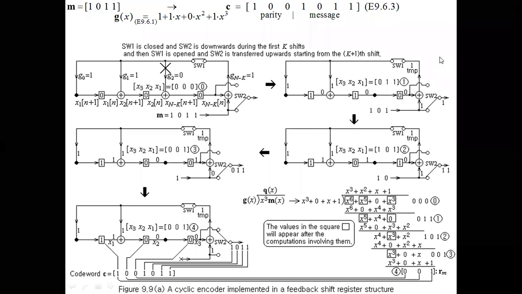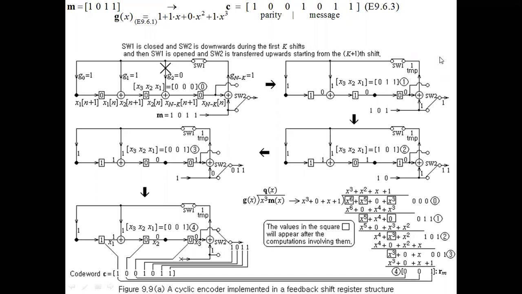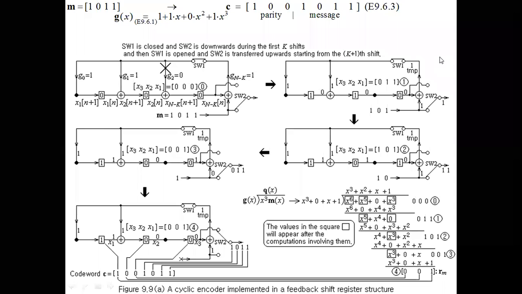So once again, let us rewind the previous class. There, m of x is the message signal and g of x is the generator polynomial. For that, we encode a code word c of x.